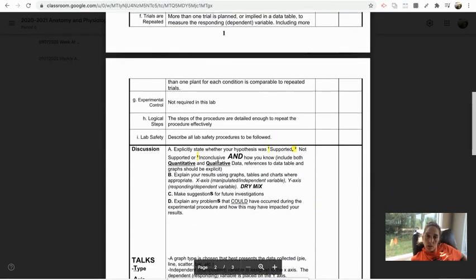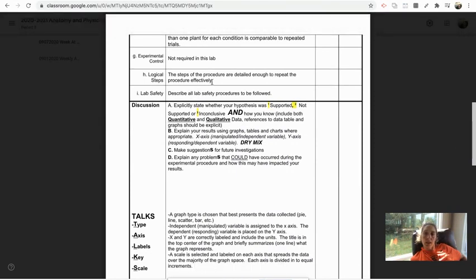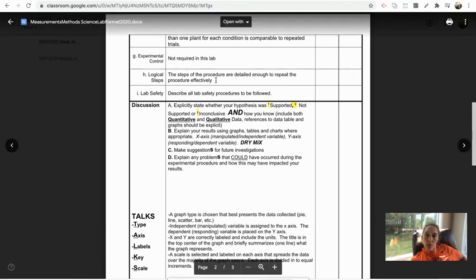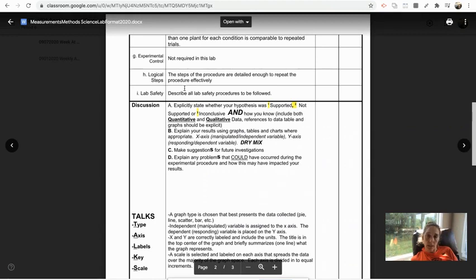We are not going to do any experimental control in this experiment. And logical steps is telling us how you did it. For this section is where I think we're going to put our Flipgrid videos where you show me yourself doing it. So in under one minute and 30 seconds, probably about 30 seconds or so per exercise, you're just putting evidence here of doing it this time.